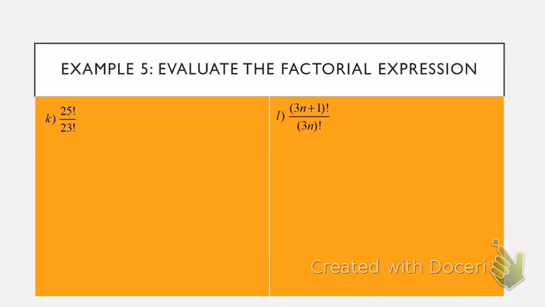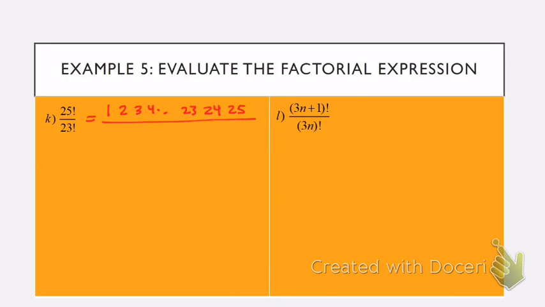25 factorial is just 1 times 2 times 3 times 4 times 5. These are all times in between here. It's not really showing up. All the way to 23 times 24 times 25.